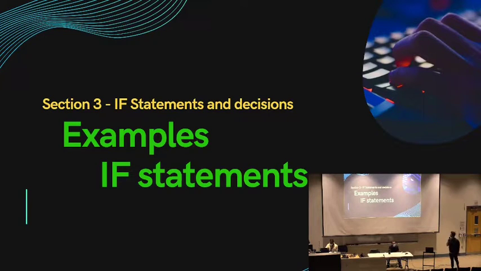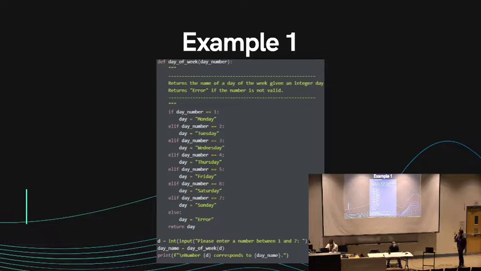We have some examples. The first example is a long one, and it really shows you the else if statement, known in Python as elif. We have our first day number equals 1, our day is Monday. But if our day is not 1, it'll go to the next statement using the elif operator to ask, is it 2? And so on, 3, 4, 5, 6.